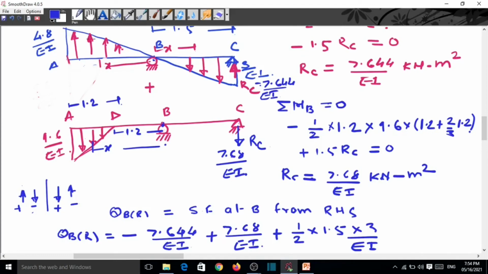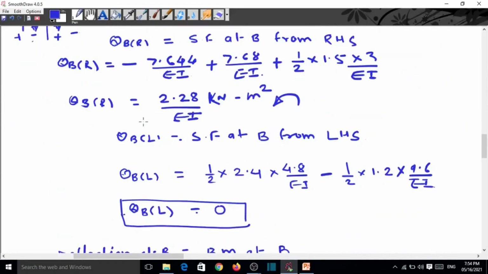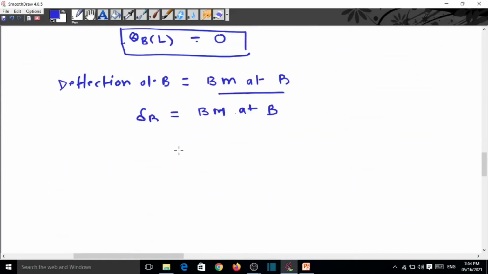So this is a 1/2 base into height into 2/3 of this, the total distance, which is a 2.4. And this moment is a minus because it creates the hogging bending moment. So again, area of the triangle into the centroidal distance. So that is equal to here 1/2. This base is, we know, is 2.4 into 4.8 divided by EI into 2/3 of the 2.4.